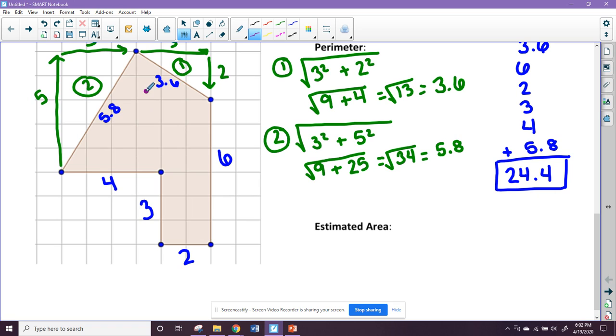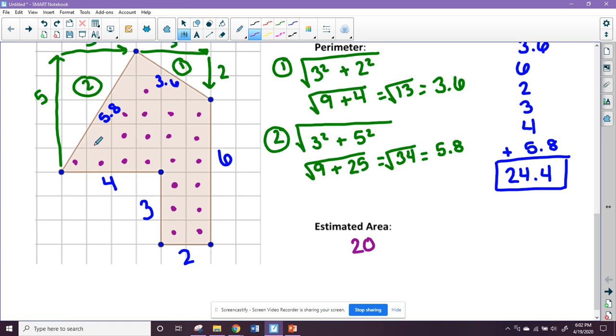So here's 1, 2, 3, 4, 5, 6, 7, 8, 9, 10, 11, 12, 13, 14, 15, 16, 17, 18, 19, and 20. So we have 20 full squares for our area. Now we need to piece together partial coloring here to make a full square.